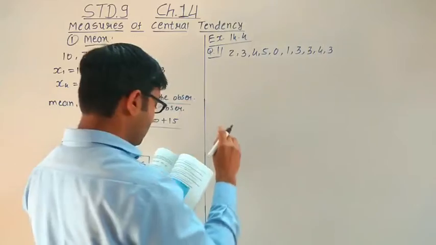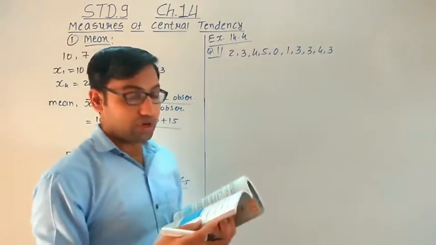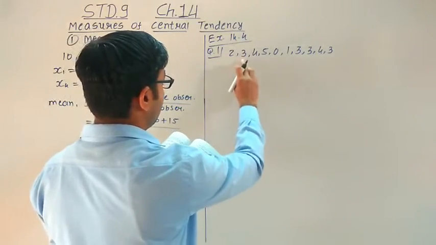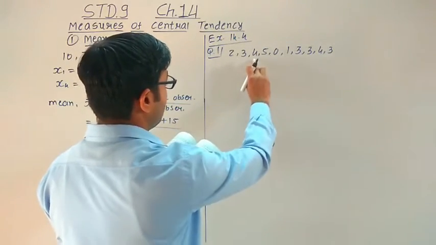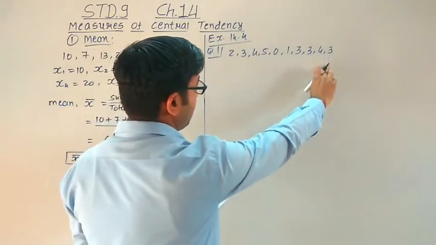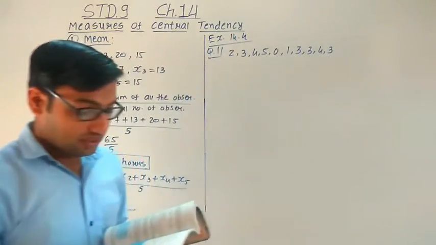So these are the goals scored by a team in 10 different matches. In the first match they scored 2, in the second match 3, in the third match 4, and accordingly in the 10th match they scored 3 goals.